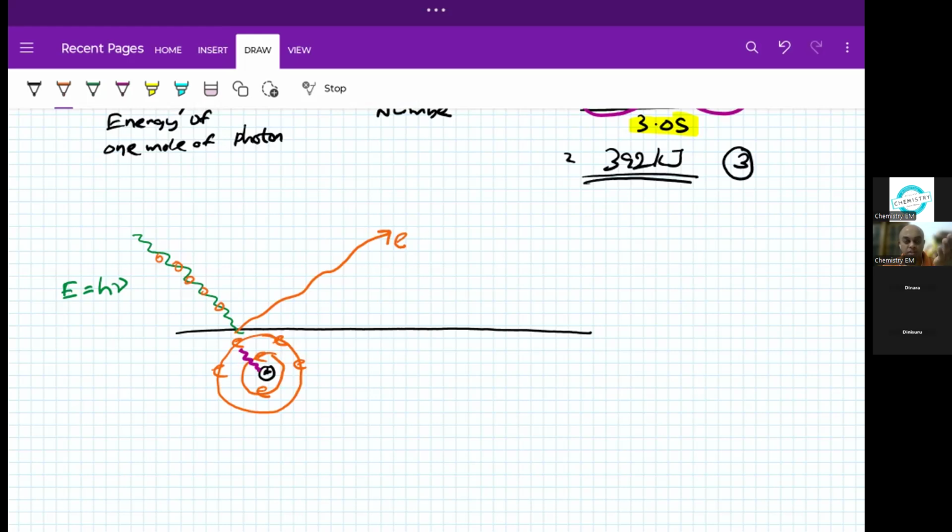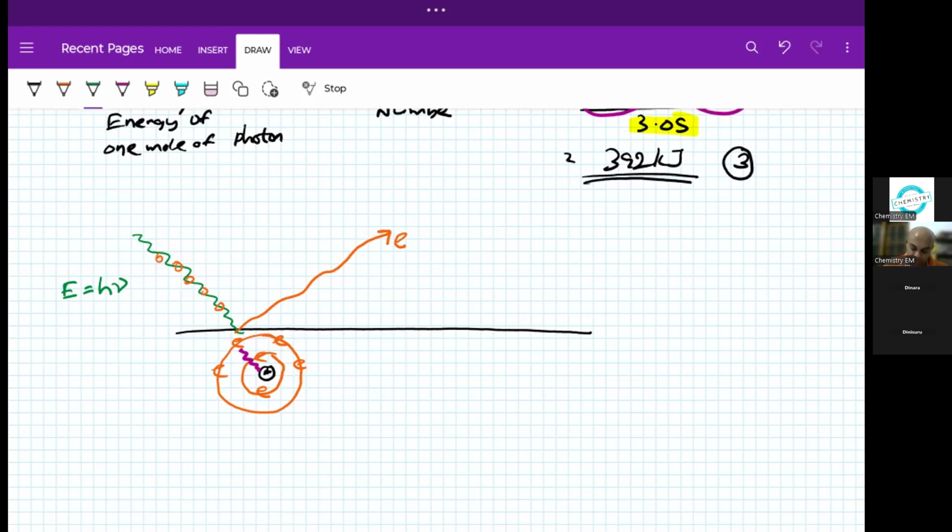So it is also having a frequency, a lambda, an energy, and a velocity. Right? After ejecting, it is also showing wave particle duality, and it has a frequency, a lambda, and an energy as well. Right? So this is the scenario.